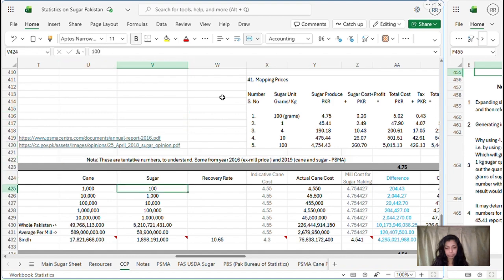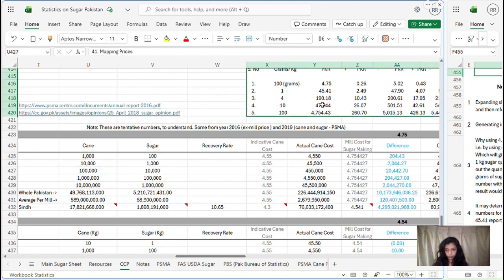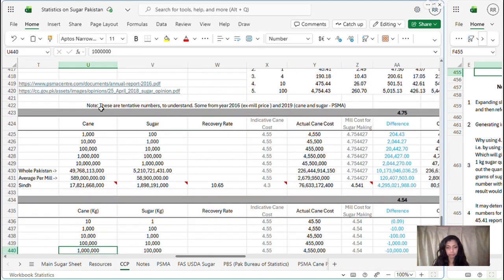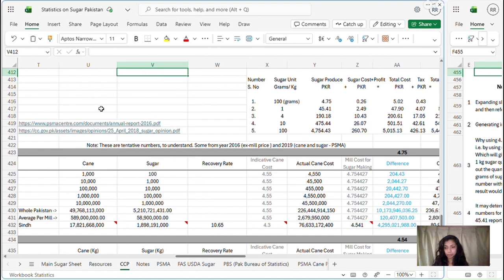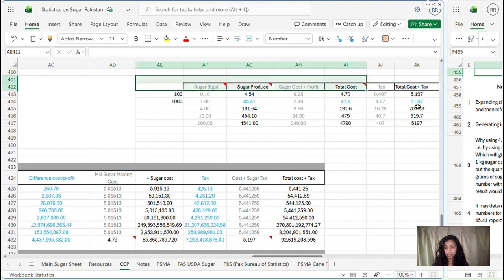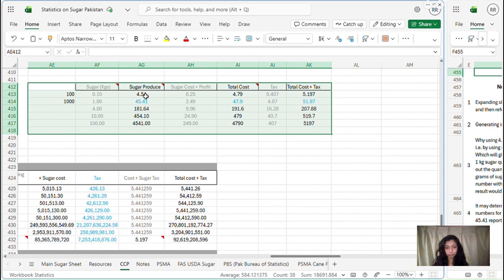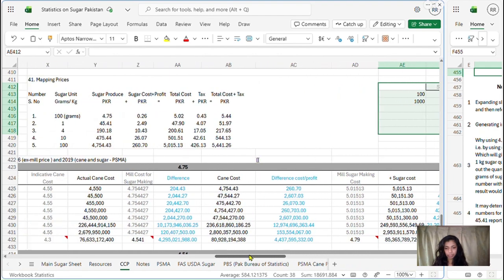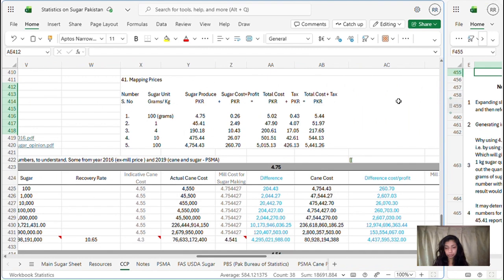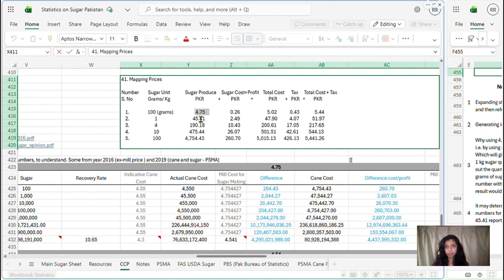First we are going to see how we formed this table. So look here. The numbers here were derived with 4.54, and here the main number was 4.75.